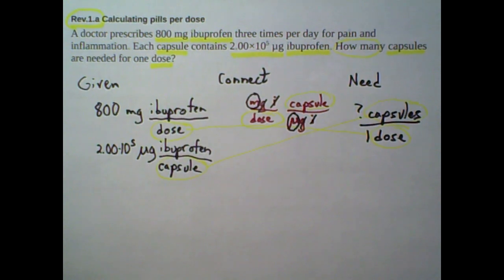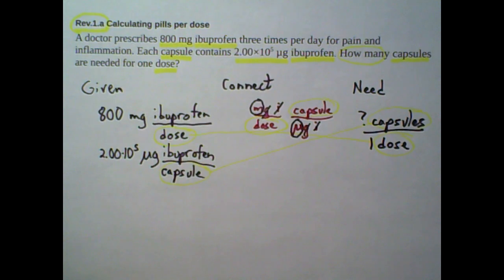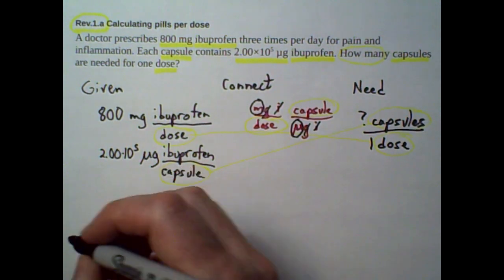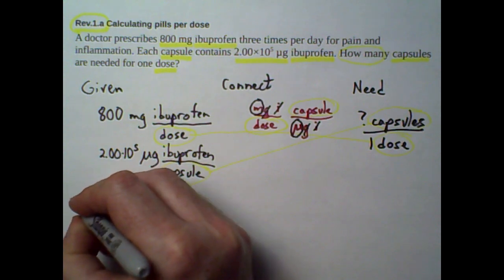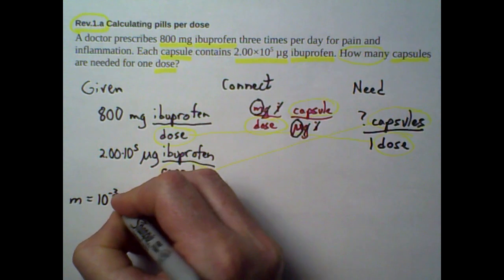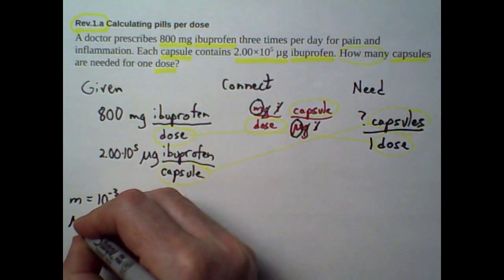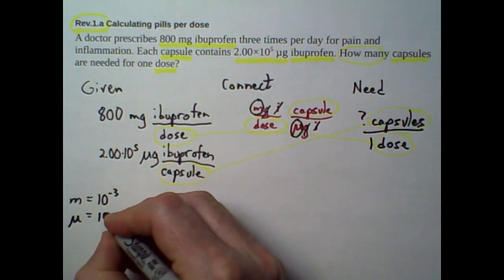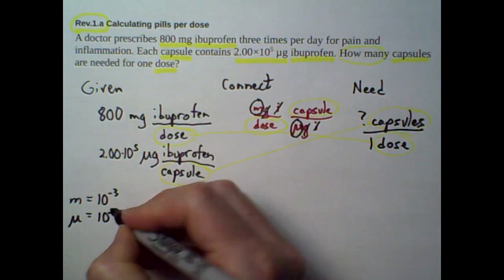To do that, I'm going to use my list of values for prefix multipliers. And milli, when I look at that, is equal to 10 to the minus 3. Micro equals 10 to the minus 6.